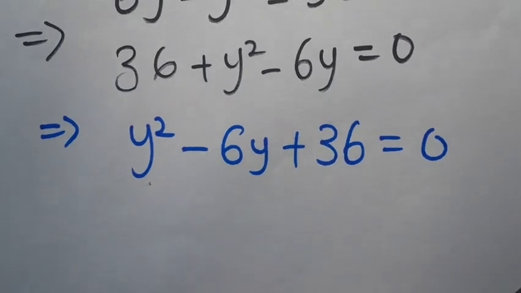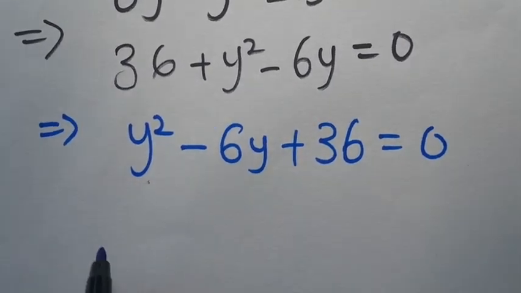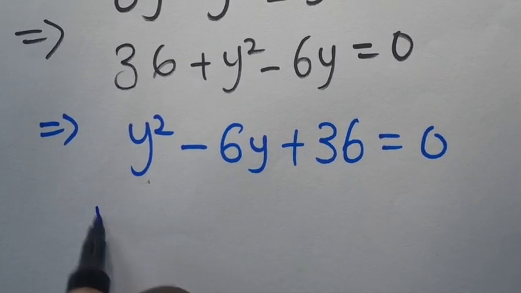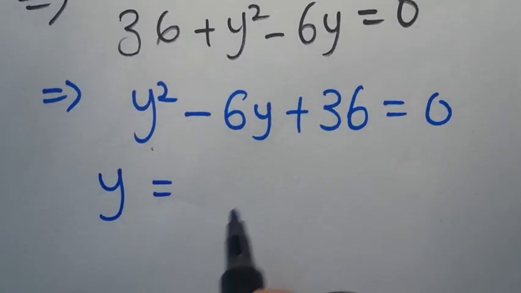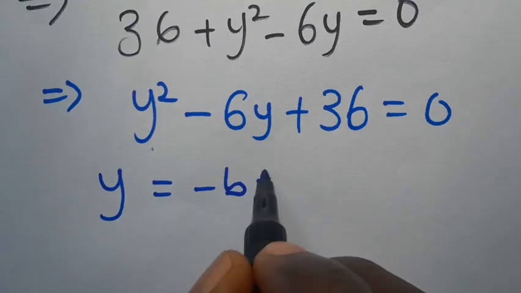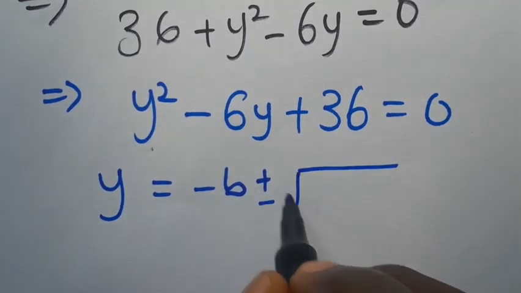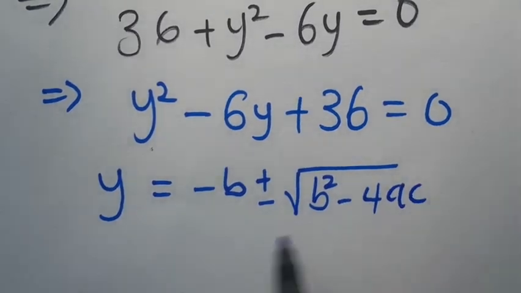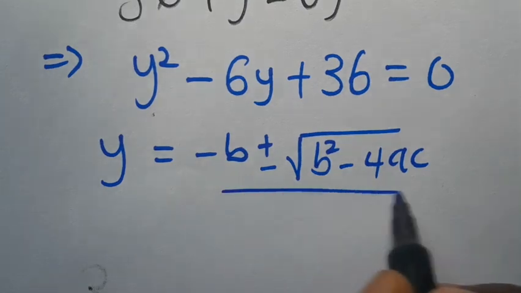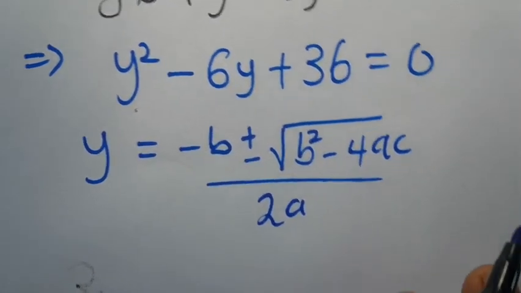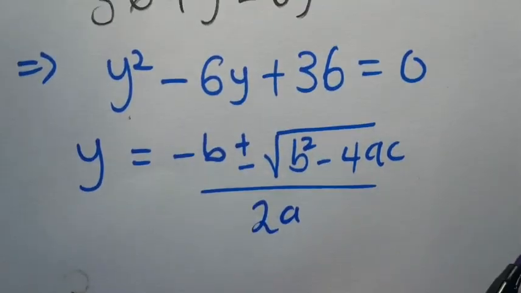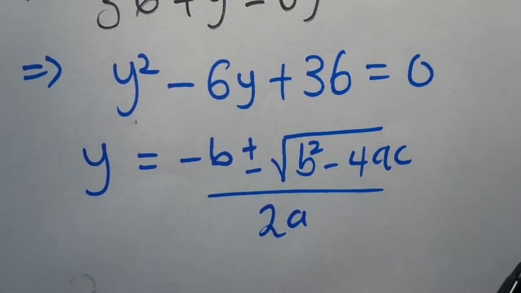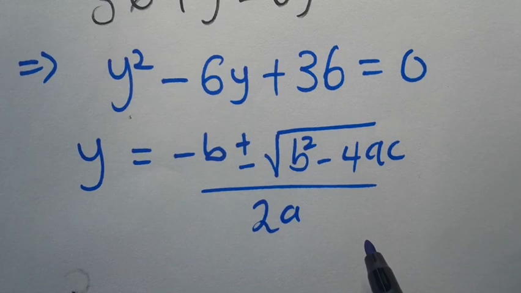Now let's find the possible values of y. Let's use the quadratic formula: y equals minus b, positive or negative, root of b squared minus 4ac, all divided by 2a. How are we going to get the values?